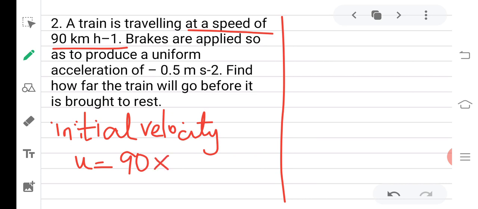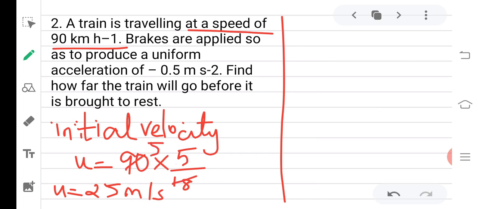You have to convert this into meter per second by multiplying by 5 by 18. So u is equal to 25 meter per second.